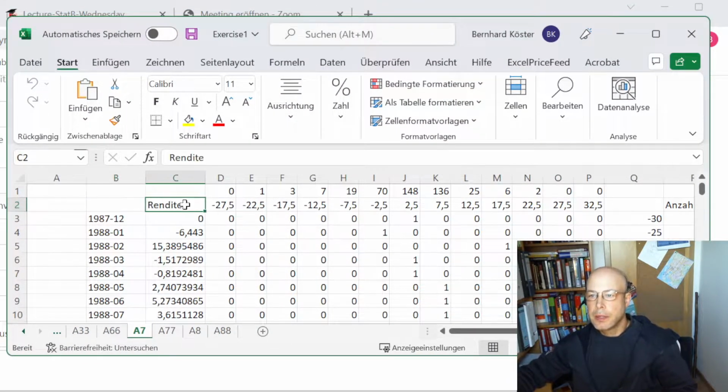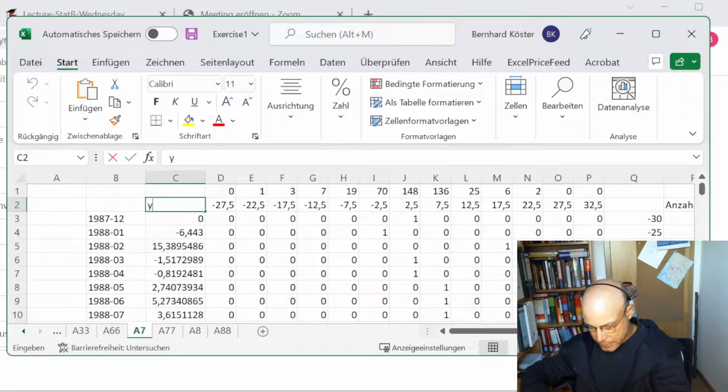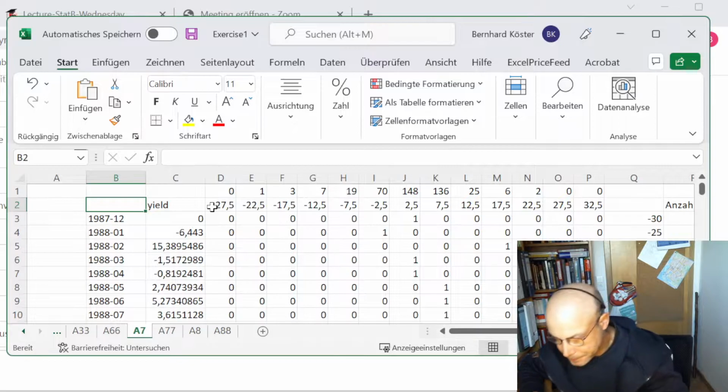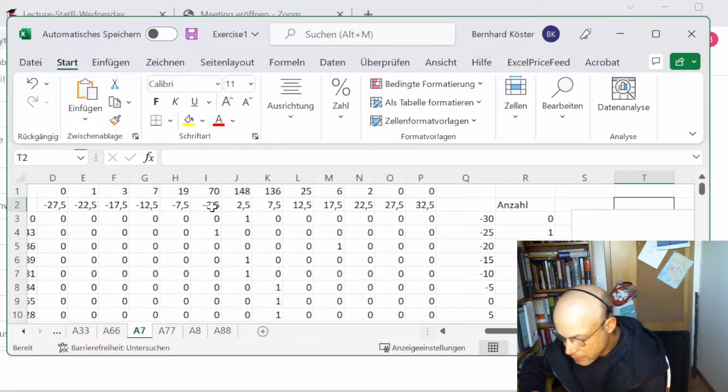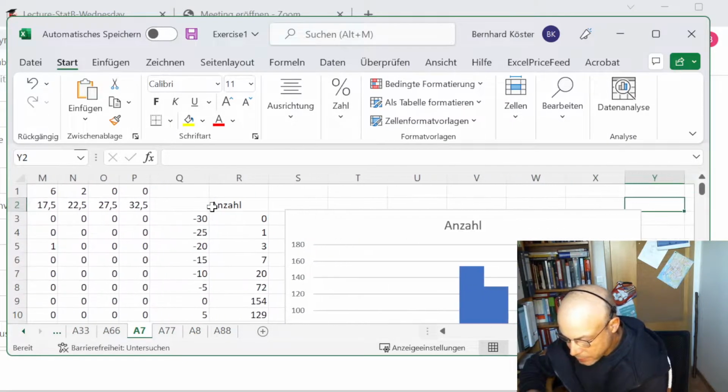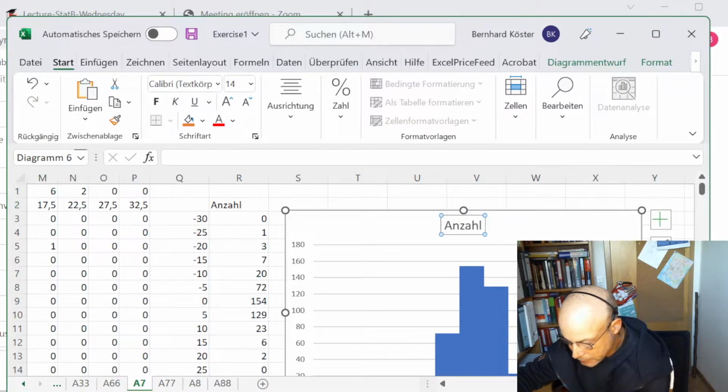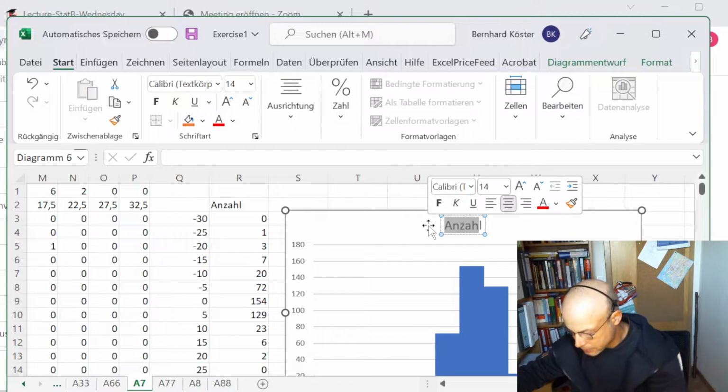So this is the yield of the DAX since 1987. And at first we can have a look at how the yields are distributed, and this I've done here. Oh, this has to be a number, sorry.